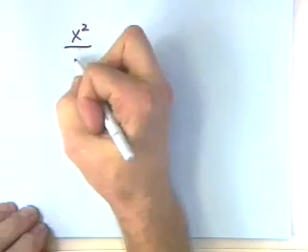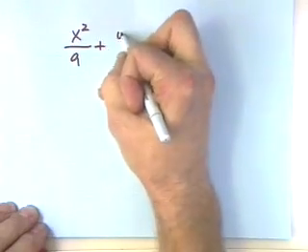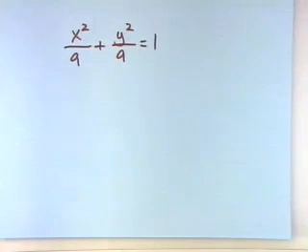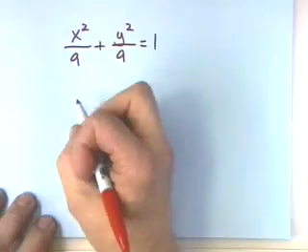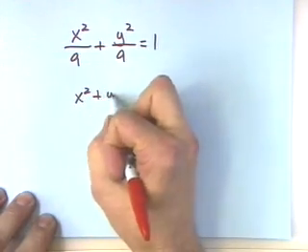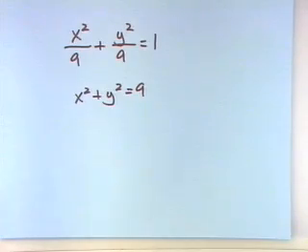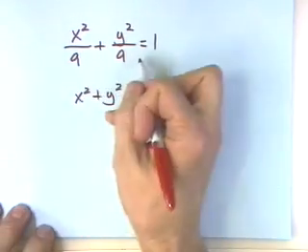So let me take what looks like an ellipse and make it a special ellipse, which is a circle. Do you recognize that as a circle? Because normally you would multiply through by 9, right? And get x squared plus y squared equals 9. But we can write it in the form of an ellipse. Which is the larger denominator?